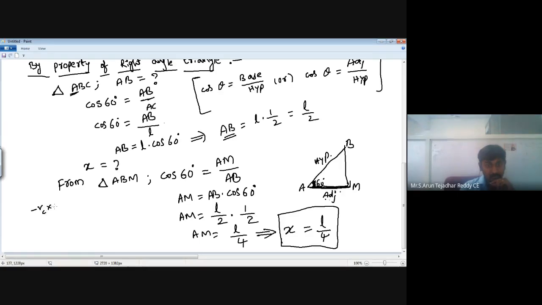Minus VC into L plus 20 into X, which is L by 4, is equal to 0.